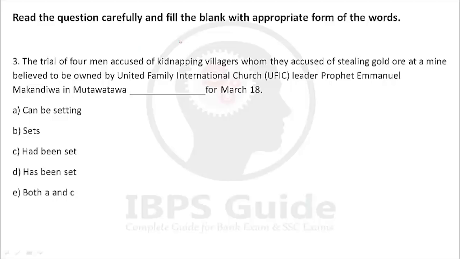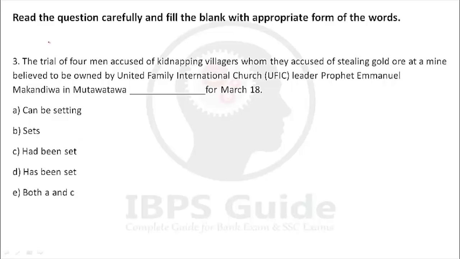The trial of four men accused of kidnapping villagers whom they accused of stealing gold ore at the mine believed to be owned by United Family International Church UFIC leader Prophet Emmanuel Makandia and Makandia in the Mutawata dash for March 18. Makandia, Mutawa, that is a name, and Mutawata, that is a place, dash for March 18. So we have to take the correct option for this sentence.